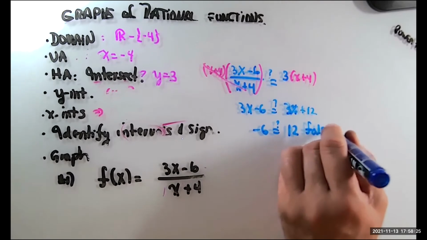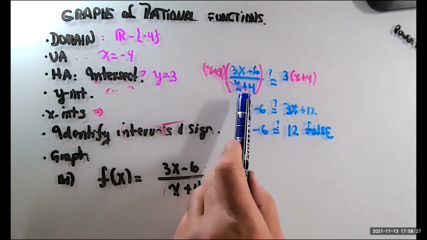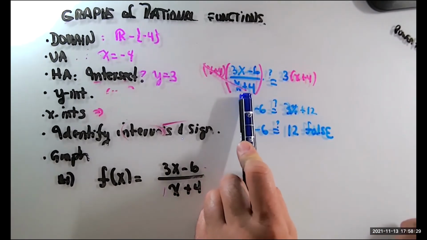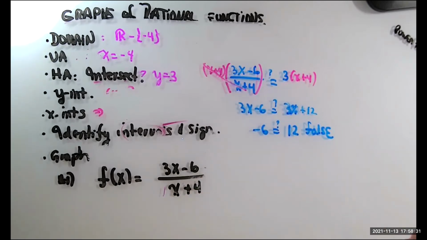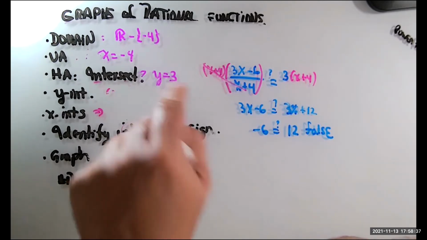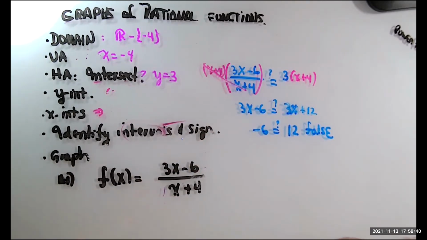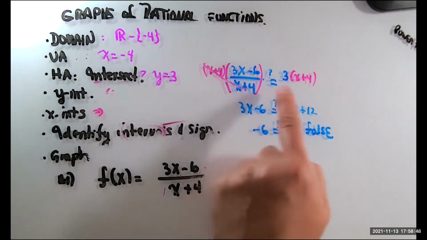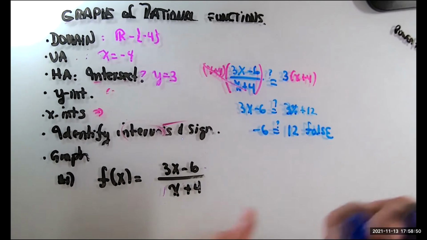This is false. That means I can never make 3x minus 6 over x plus 4 equal to 3. So do we intersect? Absolutely not. This is one case where we do not intersect the horizontal asymptote. Why? Because we could not solve the equation f of x equals HA.